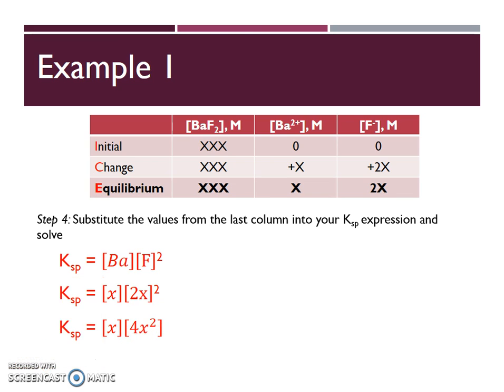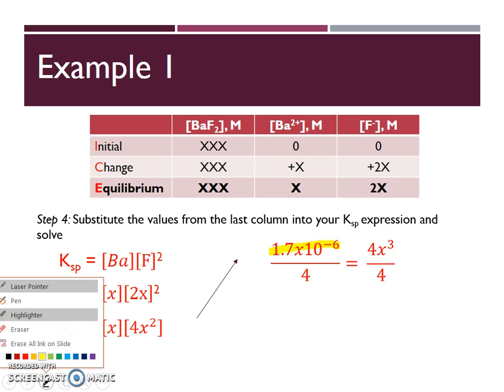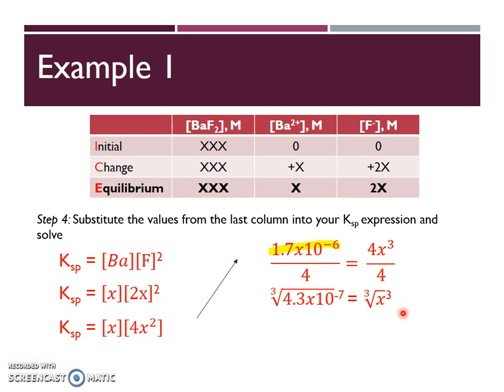And then we input the value of our KSP into the equation, which is 1.7 times 10 to the negative 6, and we isolate for X, so we divide both sides by 4, and that would give us X cubed equals 4.3 times 10 to the negative 7. And now we cube root both sides, which would give us X equals 7.5 times 10 to the negative 3.